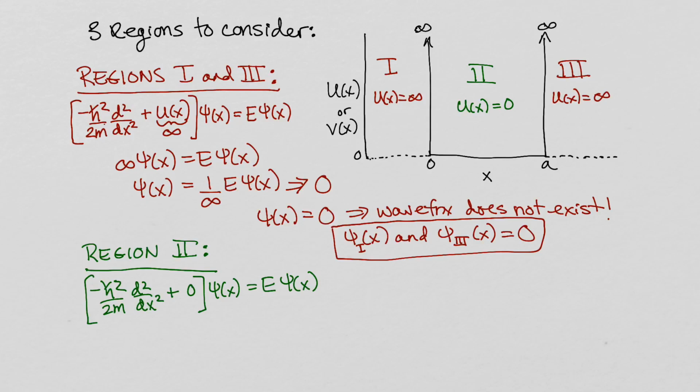Okay, so we will just, again, simplify this a little bit, get rid of that zero potential. I'm just going to bring everything over to the left-hand side of our equation. We'll do a little bit of rearrangement here, and remind ourselves that we're in region 2 with our wave function.